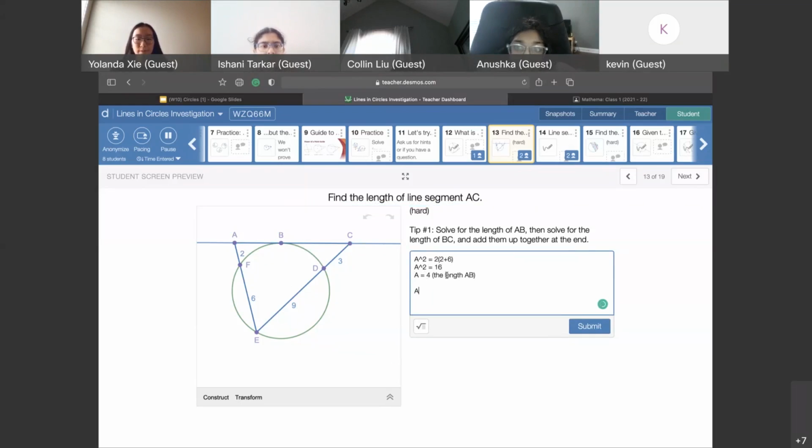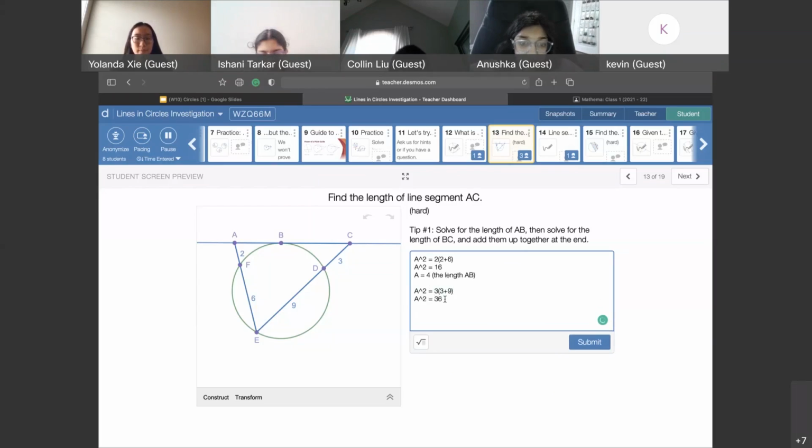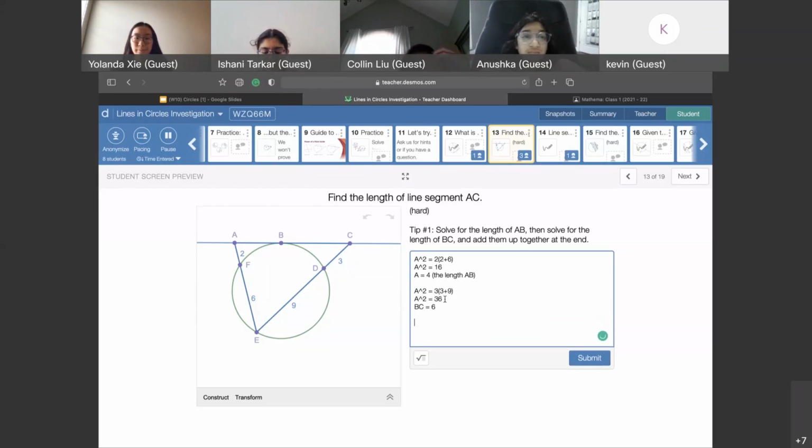And then for the opposite side, we have A squared equals 3 times 3 plus 9. So this is using the power of a point formulas. Then A squared equals 36, and that means that the length of BC is 6. So the length of line segment AC would be 4 plus 6, which equals 10.